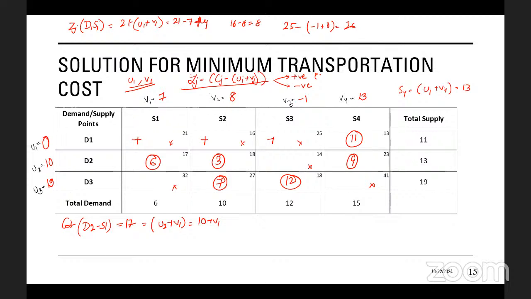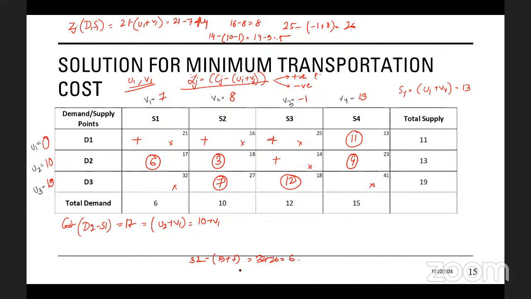Now we will do D2S3 where no allocation is made. Here it is basically 14 minus (10 minus 1), which is 14 minus 9, which is equal to 5. So this is also positive. Now for D3S1, it is 32 minus (19 plus 7), which is 32 minus 26, which is equal to 6.